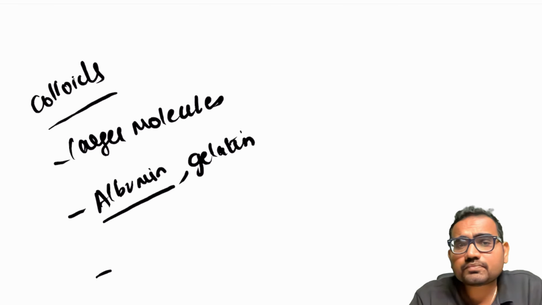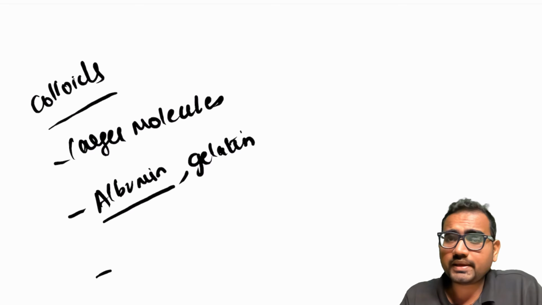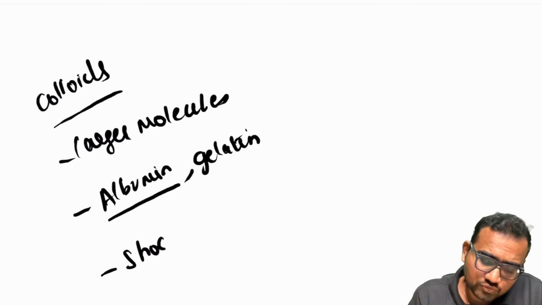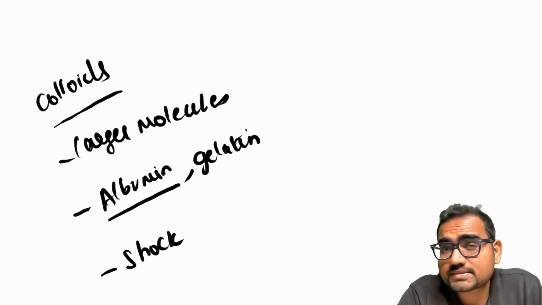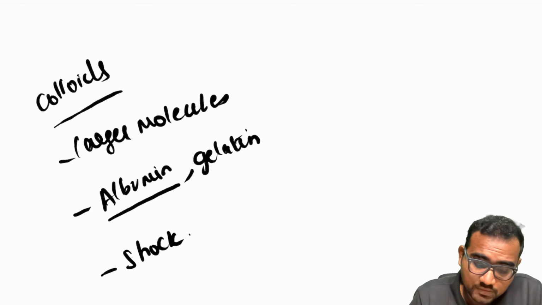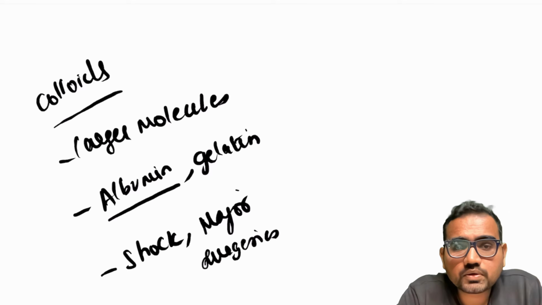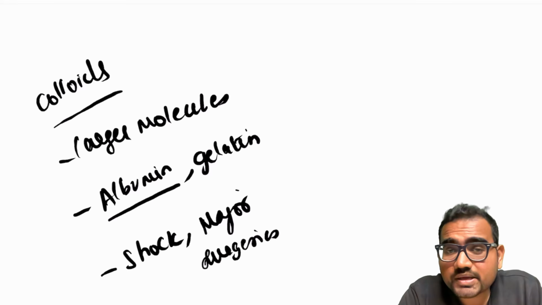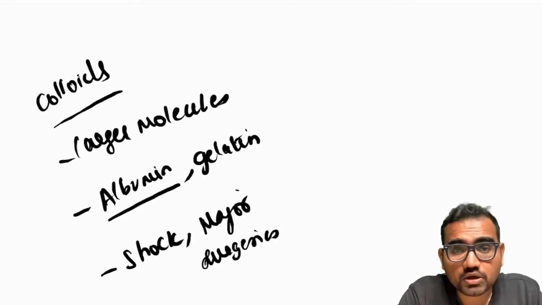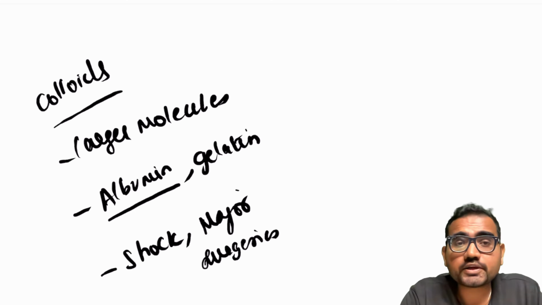We use colloids mainly for patients who have or had shock, or major surgeries. So patients who are undergoing major surgeries, patients who are having shock, we can give colloids.